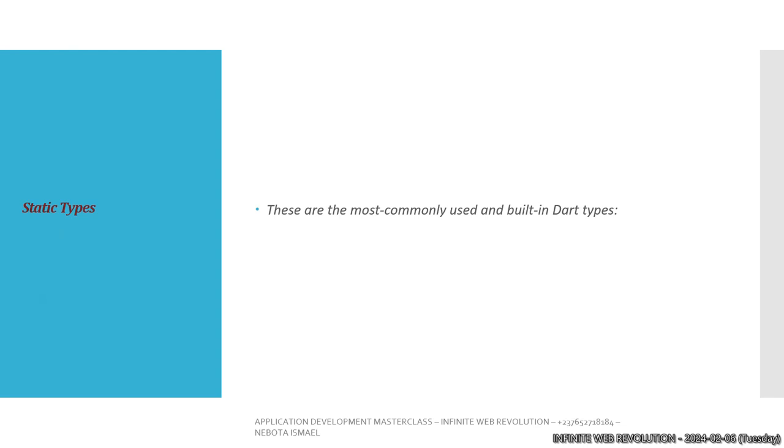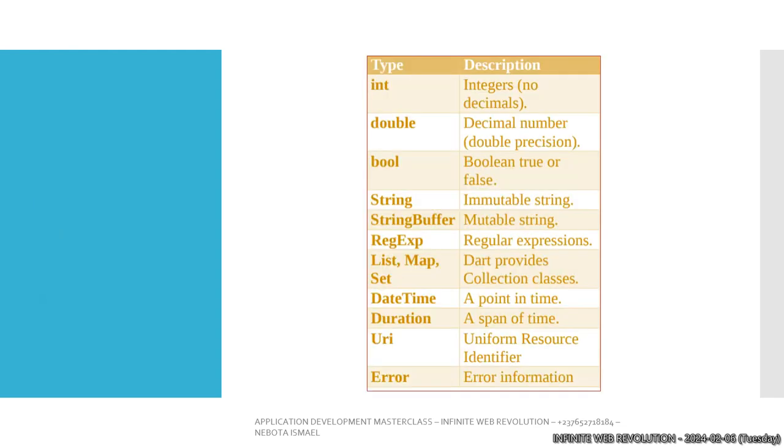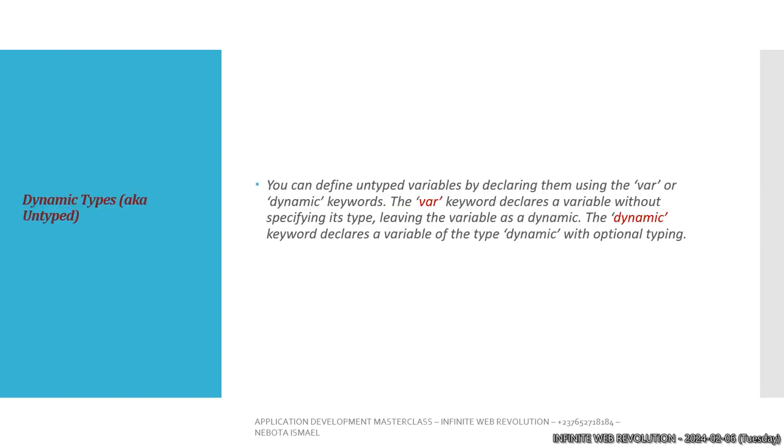Static types, these are types commonly used in built data types. Okay, we have int, double, bool, string, buffer, list, map, set, datetime, duration, URI, error. So these are different data types that you are going to be seeing. Those are static data types. Now dynamic data types, aka untyped.